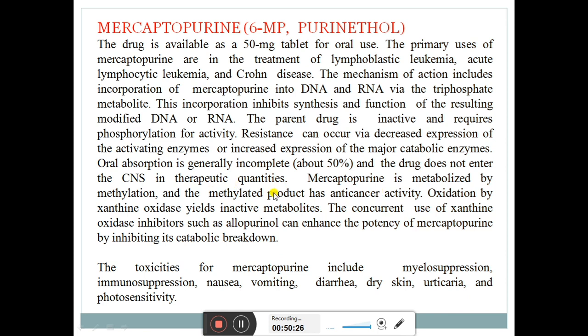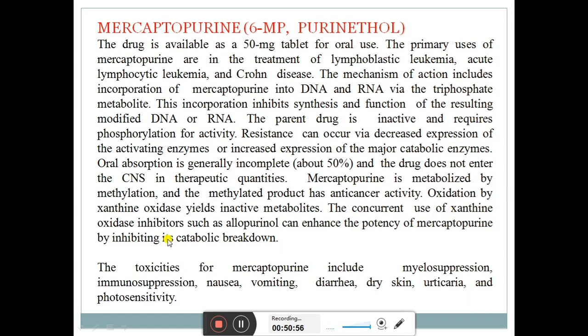It is also metabolized by oxidation by the enzyme xanthine oxidase, which gives an inactive metabolite. So this drug is used along with xanthine oxidase inhibitors. Why? Because it prevents the metabolism of this drug.